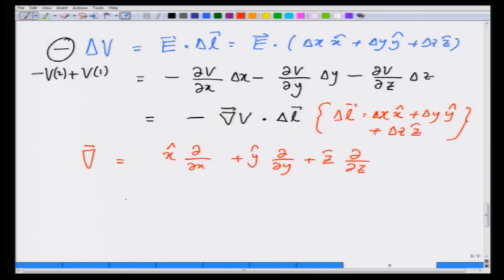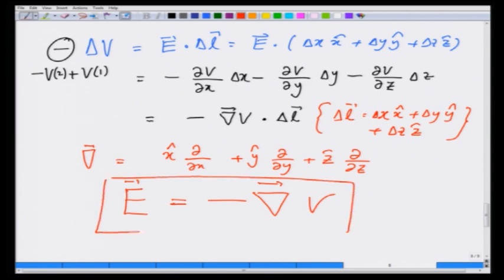And this gives me that E, electric field, is nothing but minus gradient of V. This is the inverse relationship of what we learned earlier. In the next lecture, we are going to learn a few things about the gradient operator and how V and E are related geometrically.